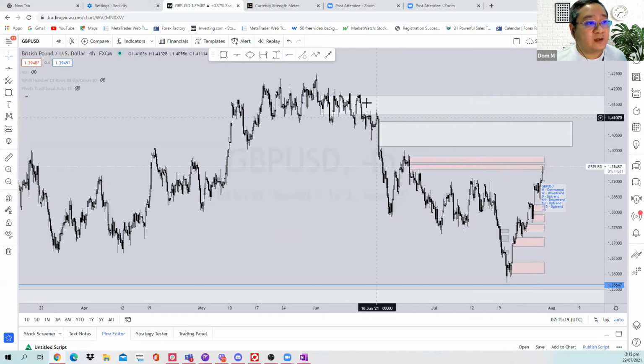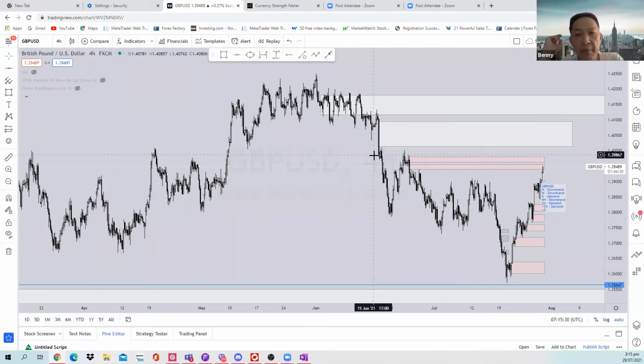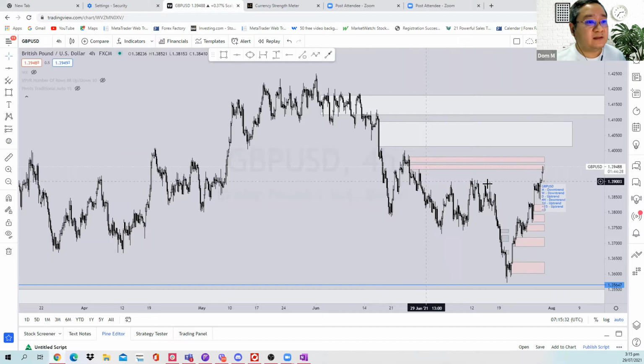So it's still doing a lower high and lower low, but again, it's an indication that things might be changing. And you can then see that there's a break of a previous high. Can you see? Yes, here, right?